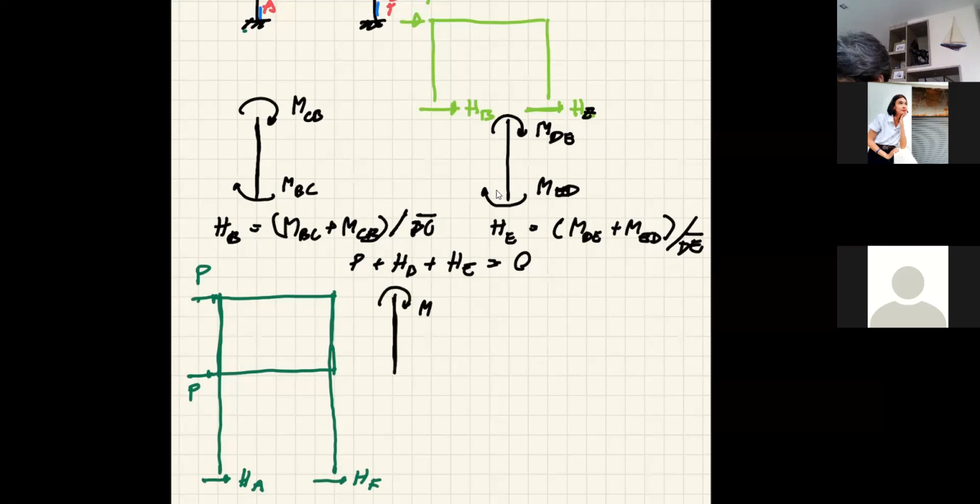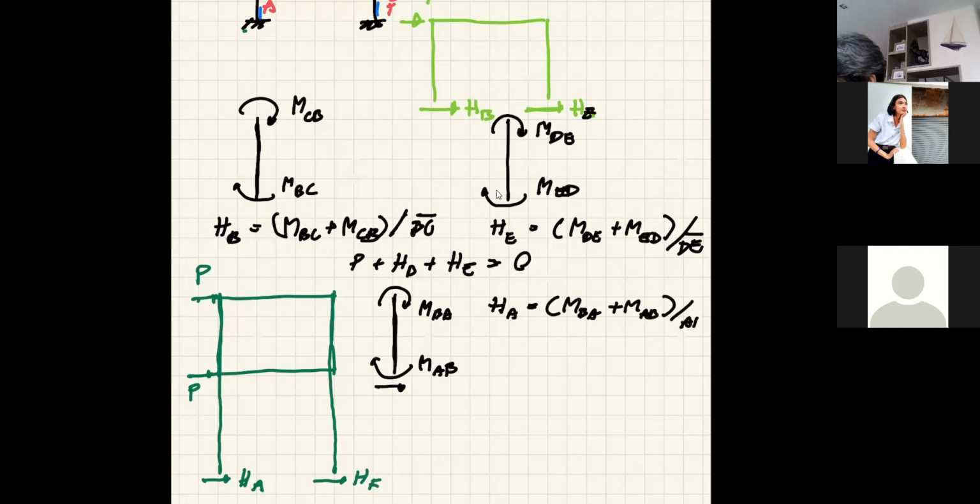And therefore this becomes MBA and MAB. This will give you HA, which is equal to MBA plus MAB over the length of member AB.